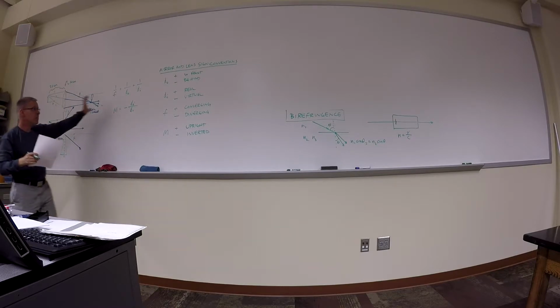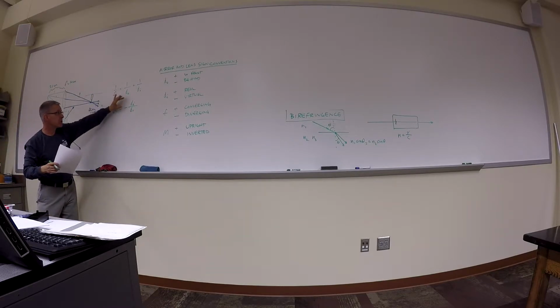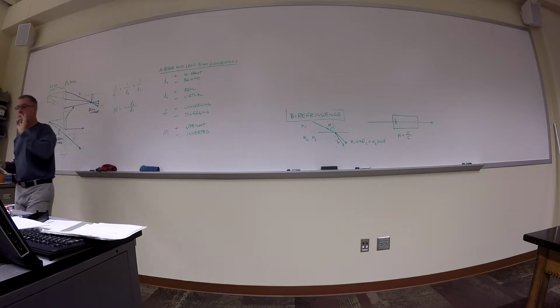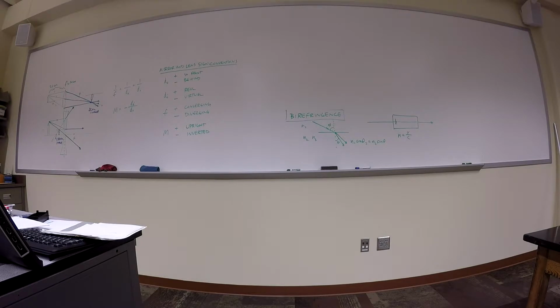And just to be careful when you're seeing these measurements here, distance to object, distance to image, those are always from the center of the lens or mirror. So let's say we stick that object 30 centimeters out here in front of that lens. And with that information, can we locate and describe the image formed by that lens?